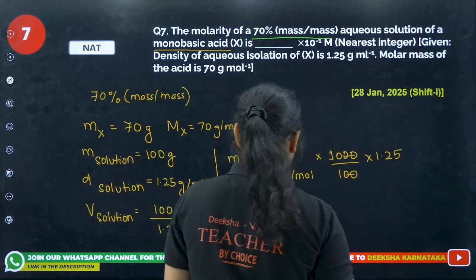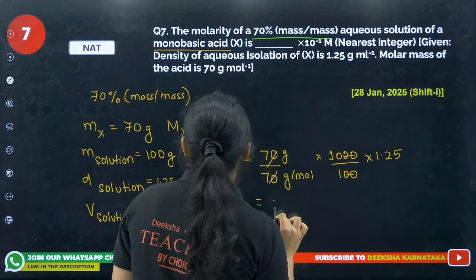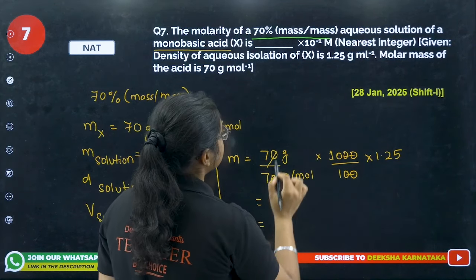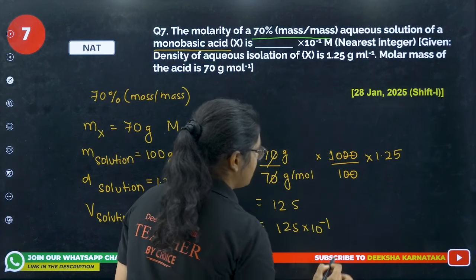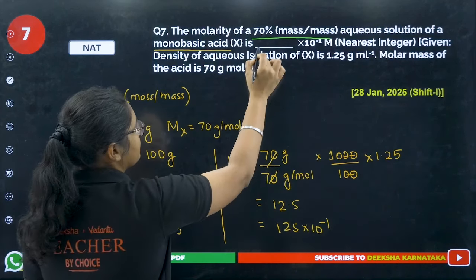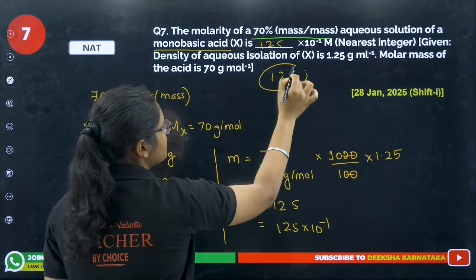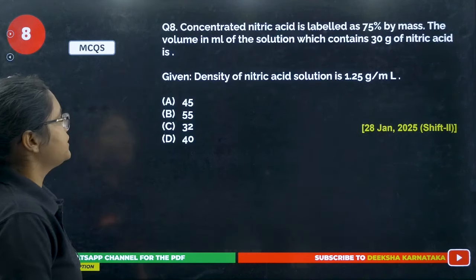Okay, so that will cancel these things. Okay, and I will just get 12.5. Right? So I'm getting 12.5, which means I can write it as 125 into 10 to the power of minus 1. So what is the nearest integer I'm getting? 125. 125 is the answer. Clear? Let's move to the next question.